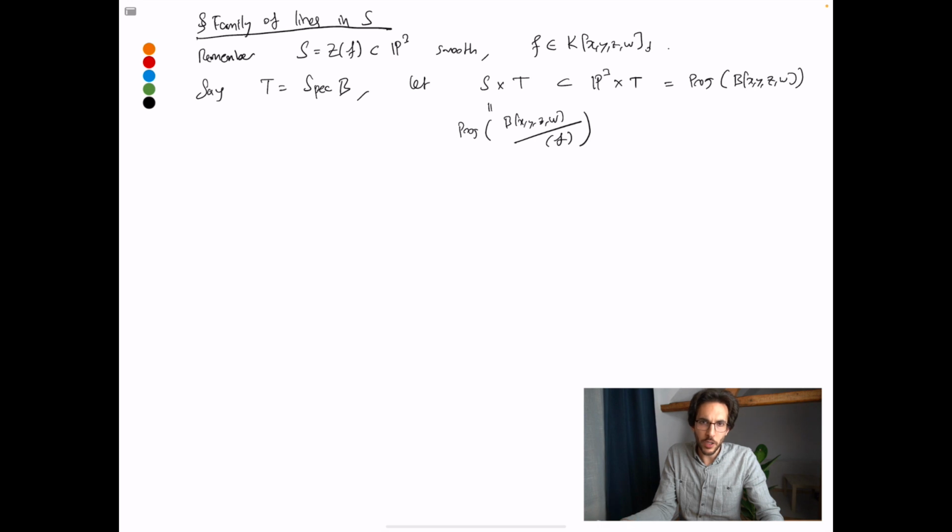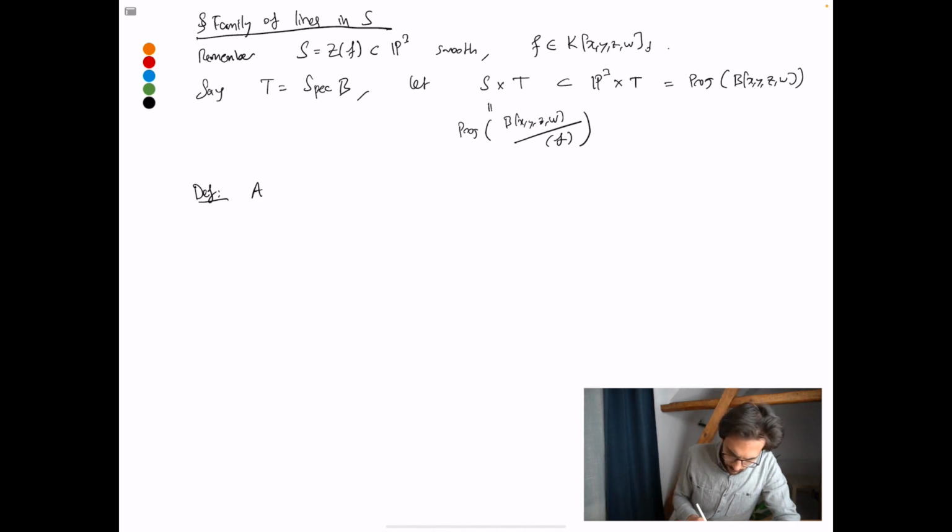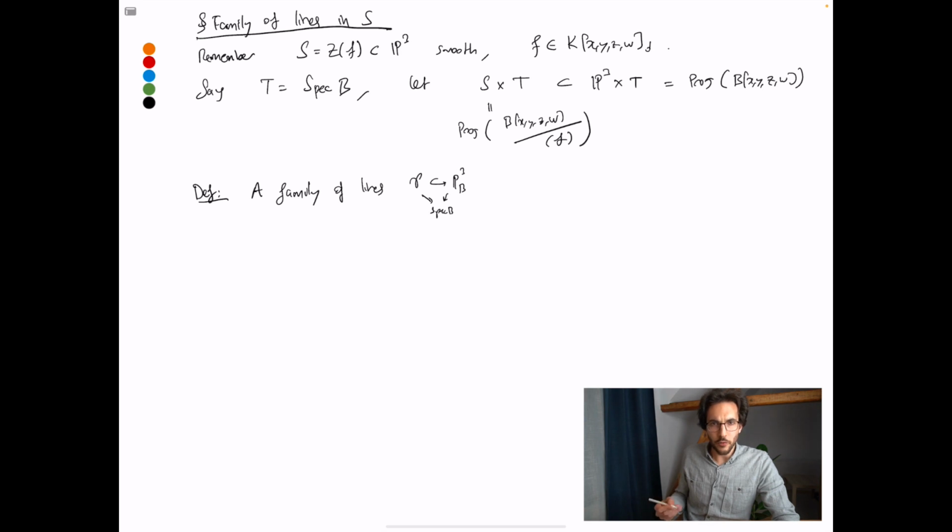And more generally, whenever f from P3 pulls back to 0, then whatever was going into P3 should factor through S times T. This prompts the following definition. If I take a family of lines over T, spec B, this family of lines lies inside of S precisely when the inclusion from P to P3 factors through S times T.